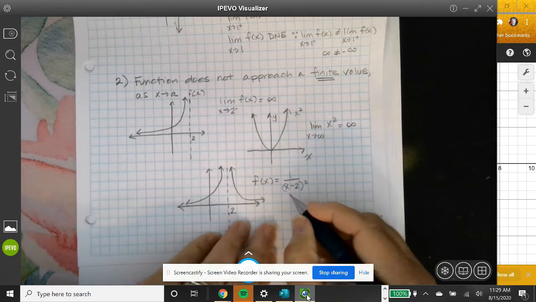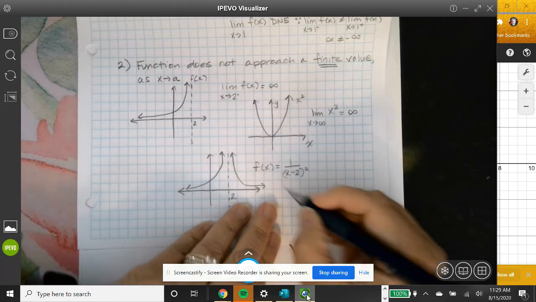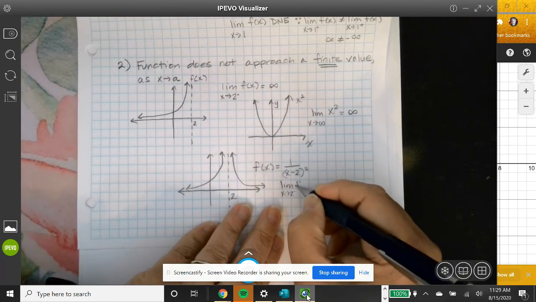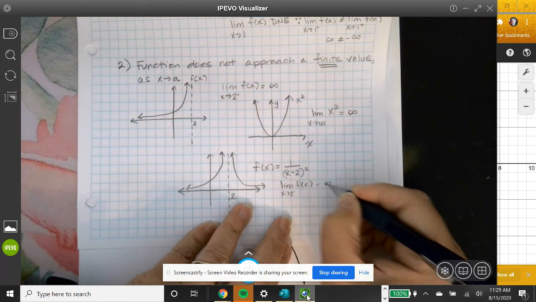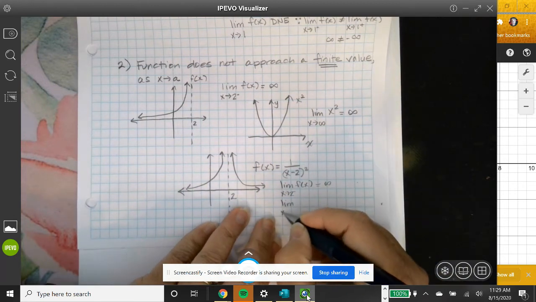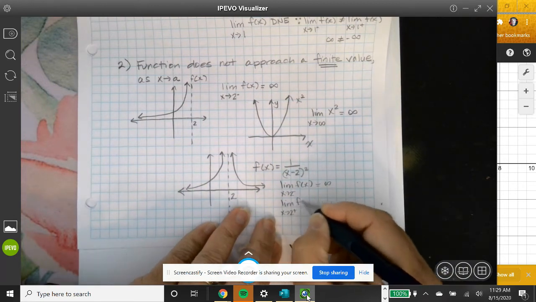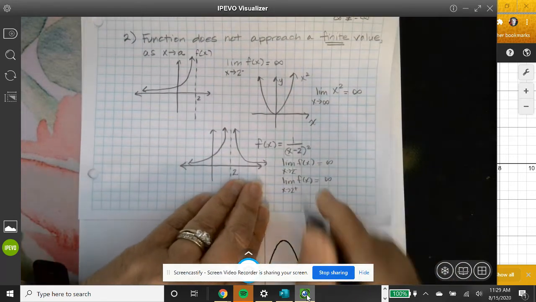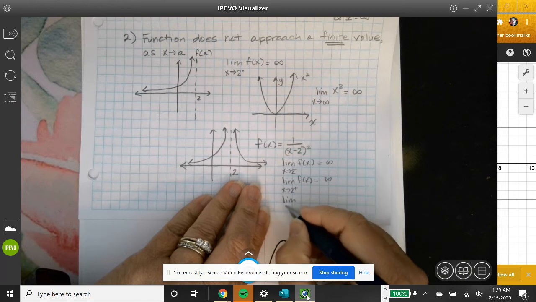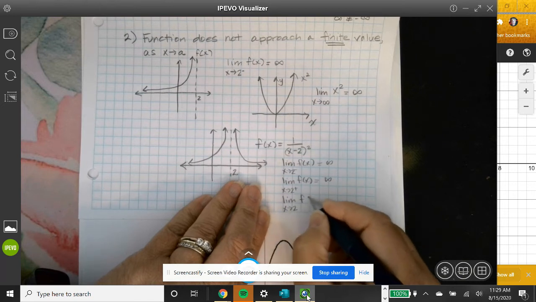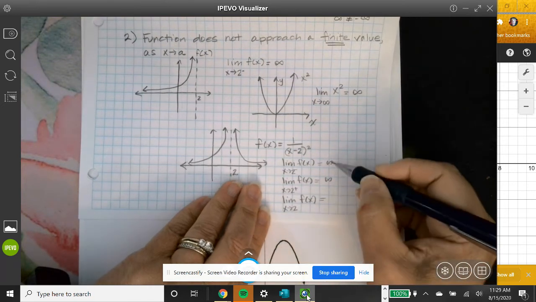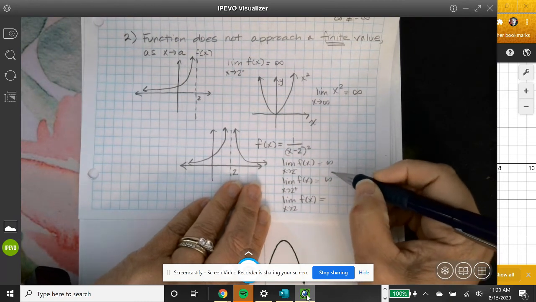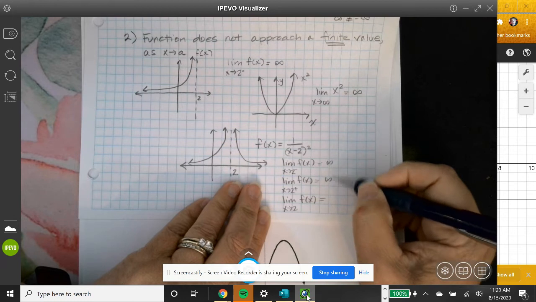Now, the left-handed limit here, the limit as x approaches 2 from the left is equal to infinity. The limit as x approaches 2 from the right is also infinity. And the limit as x approaches 2 from both directions. Now, these are not finite answers, but we're designating the direction.